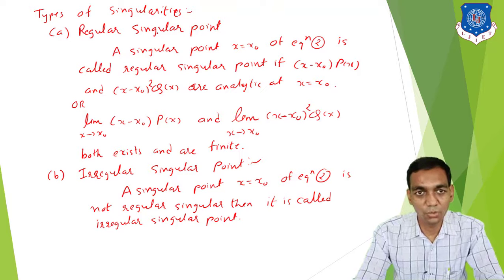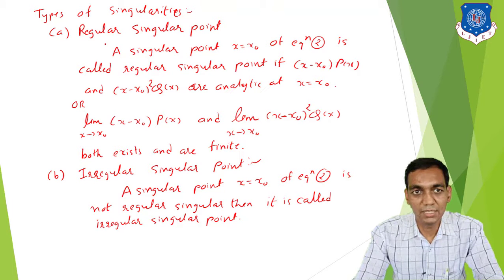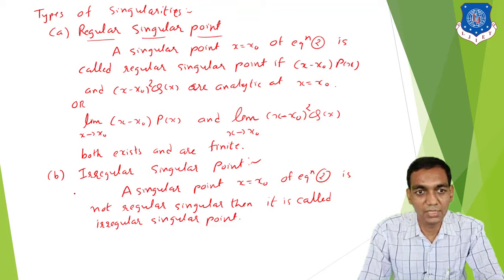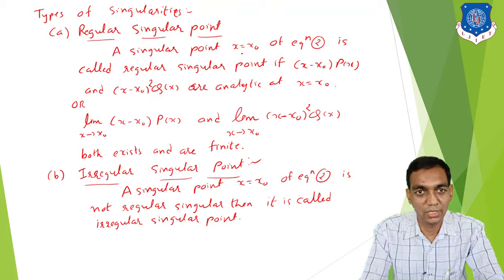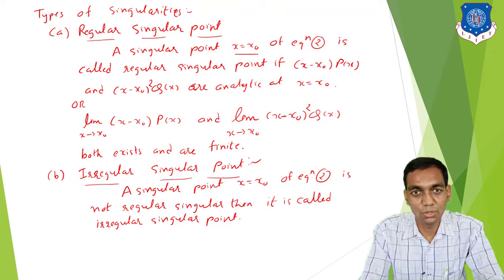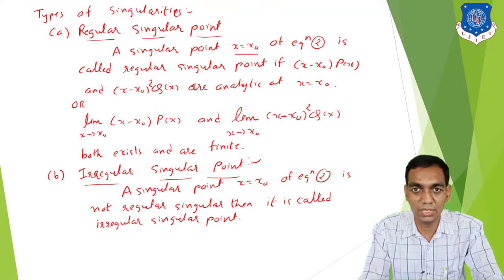If you have a singular point, then it is divided into two types: either a regular singular point or an irregular singular point. Now see, first of all, whatever point x0 you take must be a singular point. Then only can you define whether it is regular singular or irregular singular.